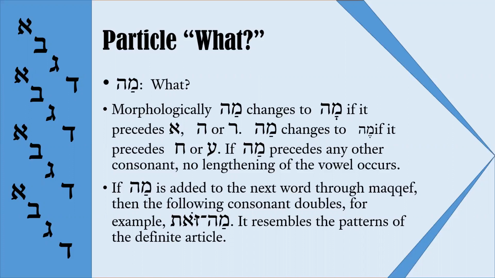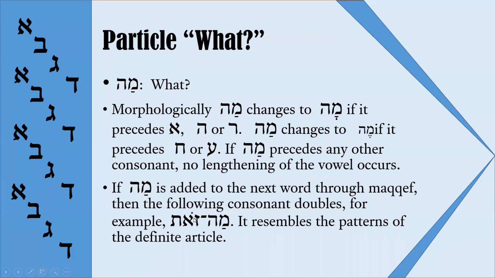Yes, the same as with the article, there are some changes, and sometimes you can find ma with patach, sometimes ma could be with kamets, and sometimes it could be me, also possible. It depends on the word which follows ma. If it is one of the guttural letters, in this case it can change the vowel to a different one.